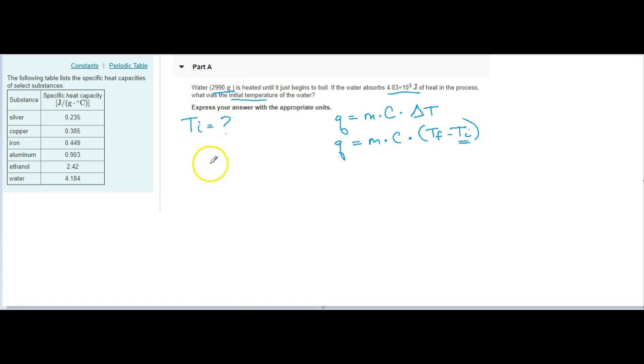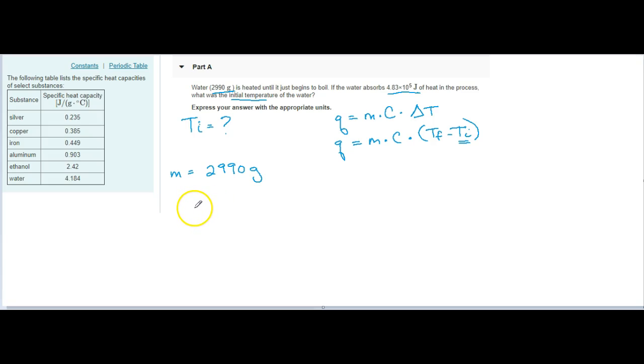But in terms of the data that we have to use from this question, first of all, we have our mass of the water, and that's in grams, which is great because the equation uses grams. If it was in something other than grams, like kilograms, we would have to convert back to grams in order to use it in the equation.